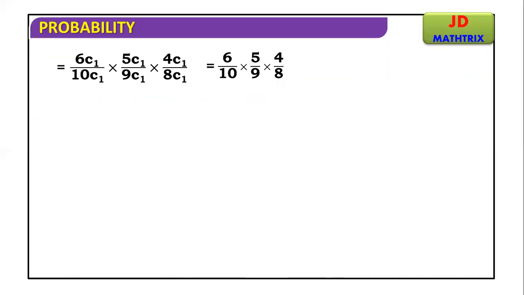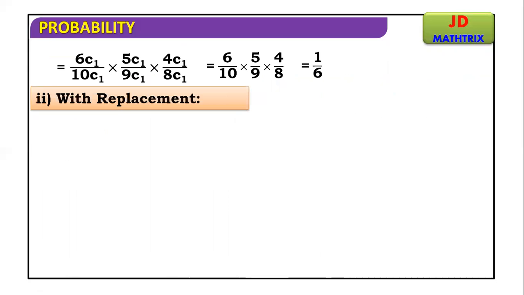That is 6 by 10 into 5 by 9 into 4 by 8. So by simplifying it, we get 1 by 6 is the final answer. సో ఎప్పుడైతే మనం రీప్లేస్ చేయలేదో నంబర్ ఆఫ్ బాల్స్ డిక్రీజ్ అవుతూ ఉంటుంది కాబట్టి ప్రాబిలిటీ డిక్రీజ్ అవుతూ ఉంటుంది.